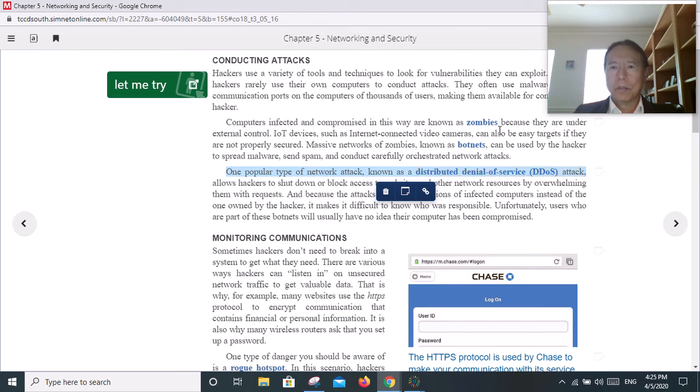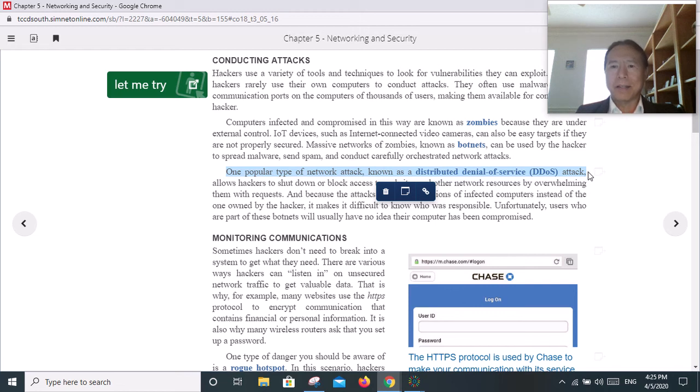Computers identified this way are known as zombies because they are under external control. There are different terms here, and there are many hacker attacks. You can read about them, but the way to learn is not to familiarize yourself with all the different types of hacker attacks.